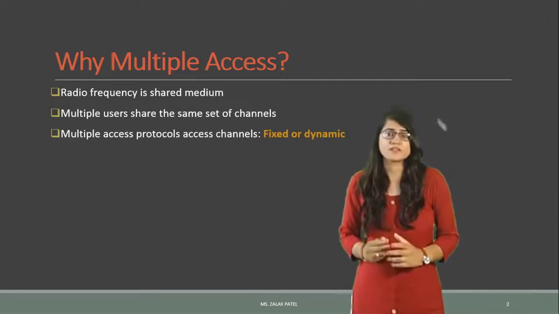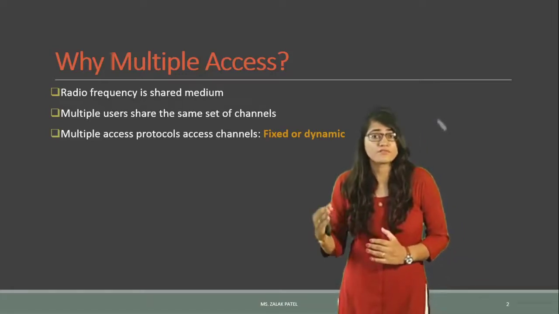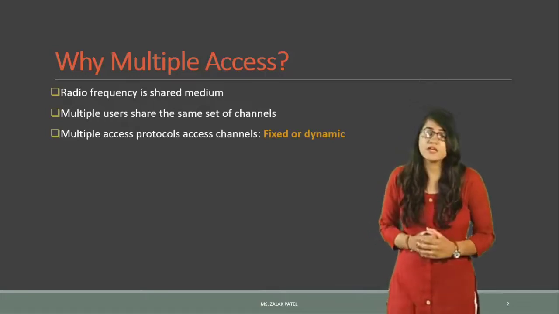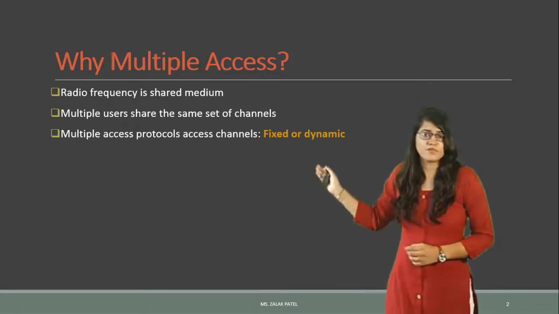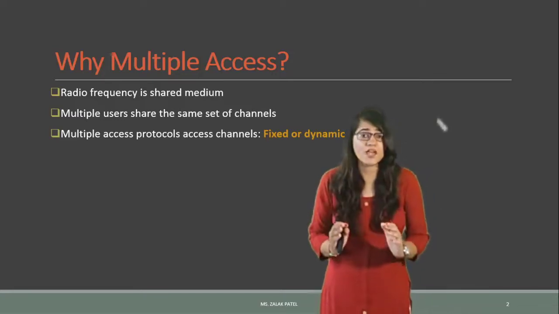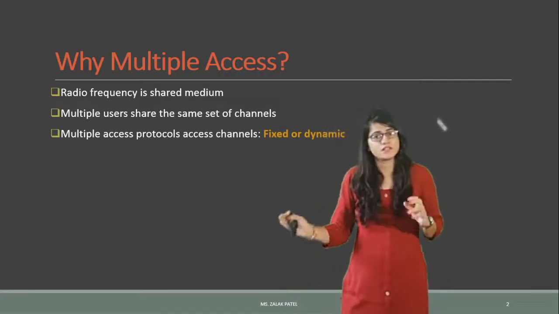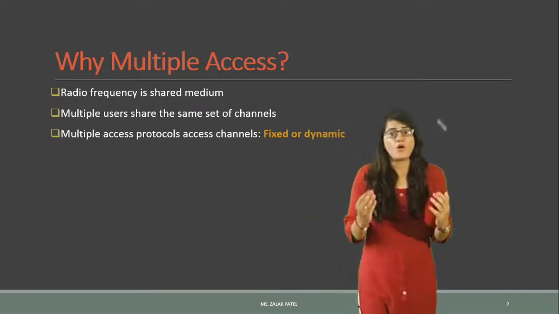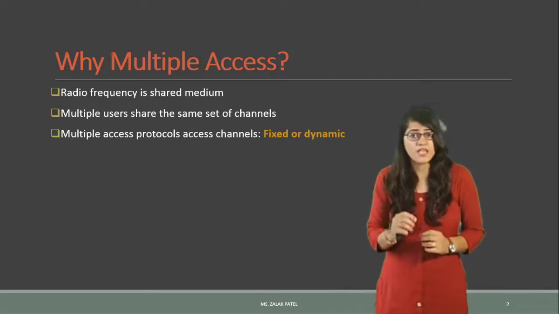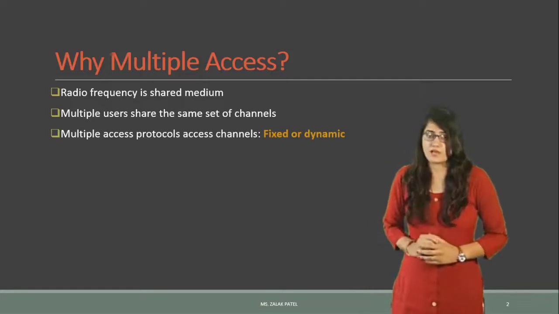In fixed channel assignment, a fixed number of channels are assigned to a particular user. Here also, a fixed number of channels are assigned to a fixed number of users. It is a predetermined allocation of resources, either channel or band or any other resource, but it is fixedly available to some users only. The other users cannot use it.